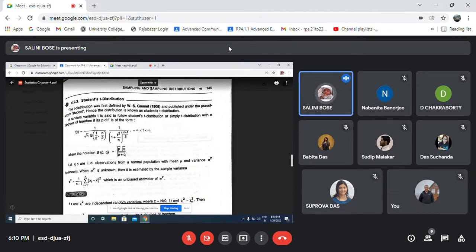Degrees of freedom is the number of observations which we can independently take to estimate any distribution.